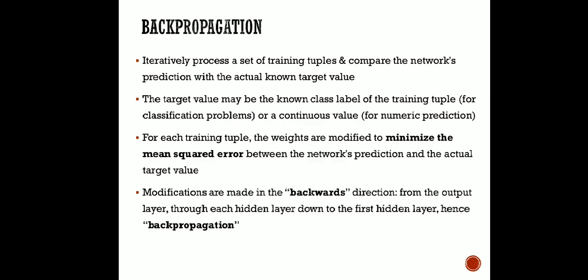So why the term backpropagation? It iteratively processes a set of training tuples and compares the network's prediction with the actual known target value, which I am talking of so often in this lecture, because that is our main goal. For classification, that target value will be the class label.